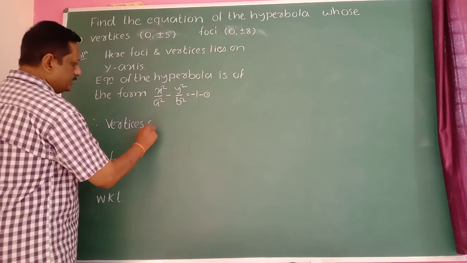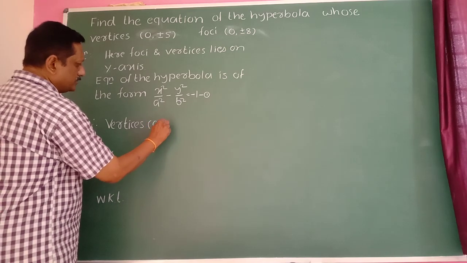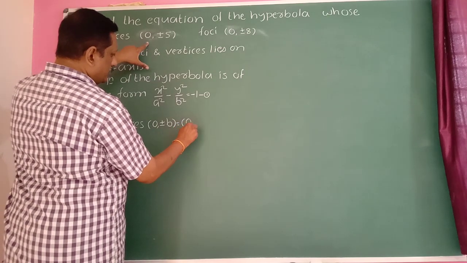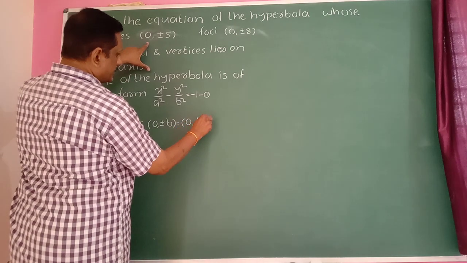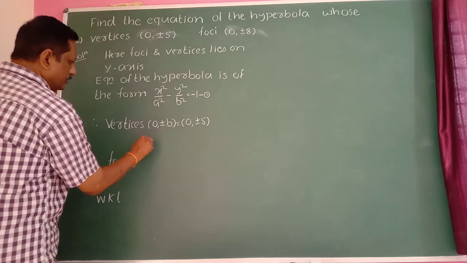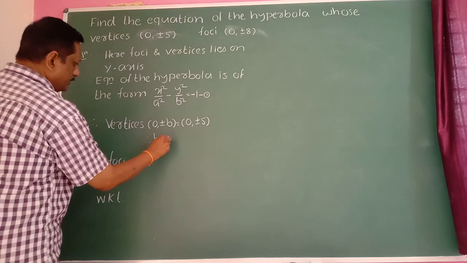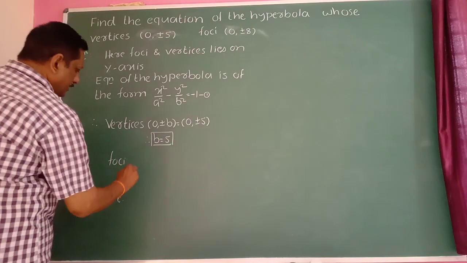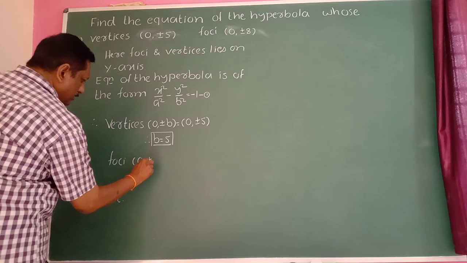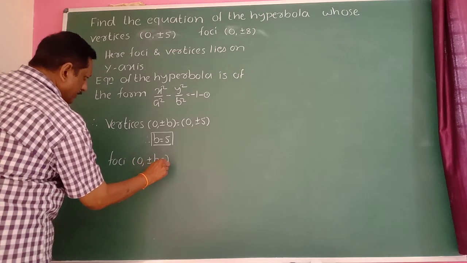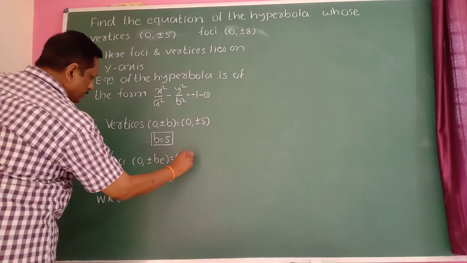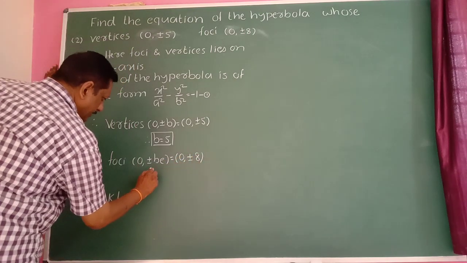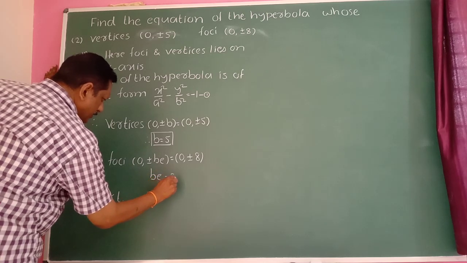The vertices are (0, ±b) equal to (0, ±5), therefore b is equal to 5. Then the foci (0, ±be) equal (0, ±8), so be is equal to 8.